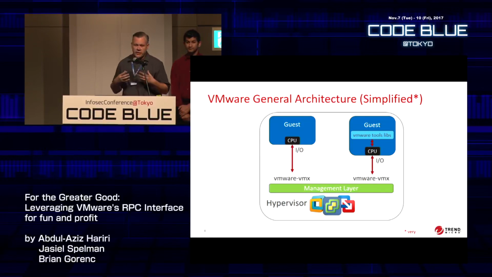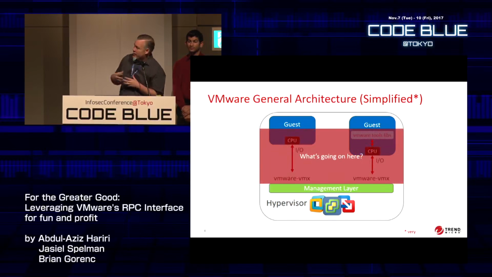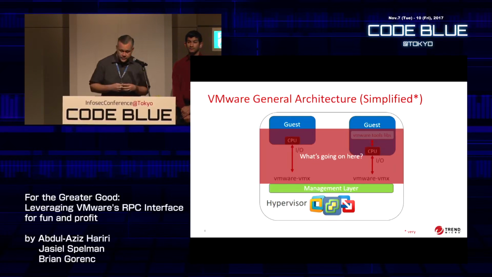And you can actually interact with this I/O layer through the CPU or through libraries that interface with the CPU itself, specifically the VMware tool libraries. And there's a lot of communication that happens back and forth there. This red box on the screen is all black magic for most people. There's not a lot of understanding of what happens between these different layers, the communication that happens. And so we're trying to expose some of that for the audience today.